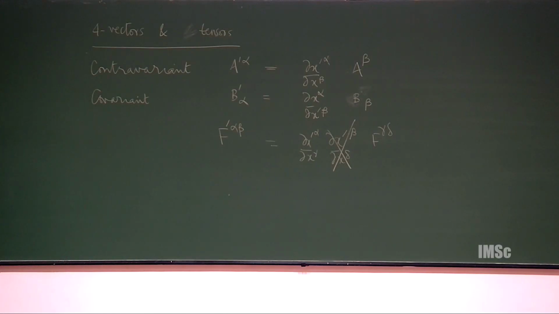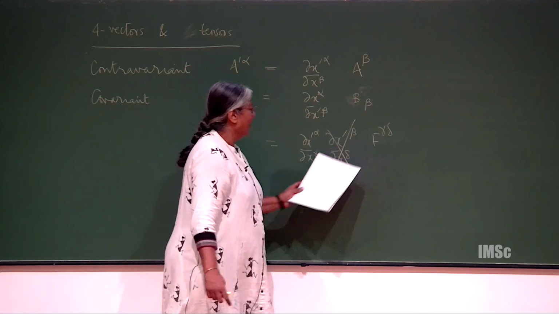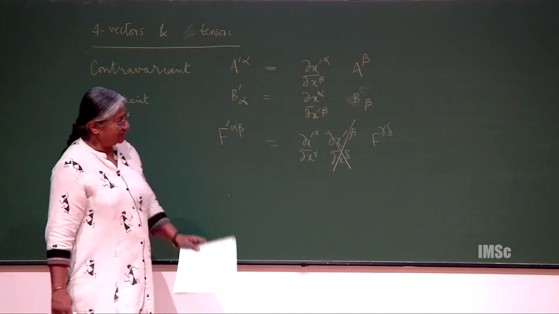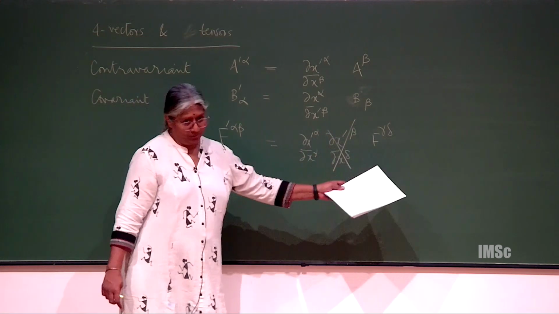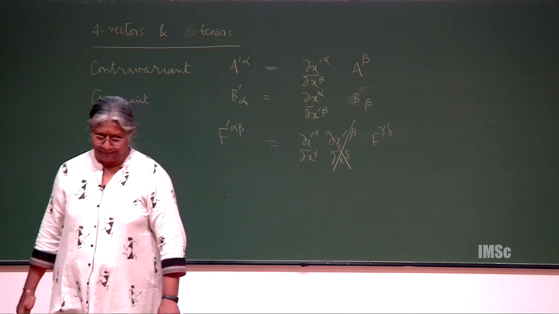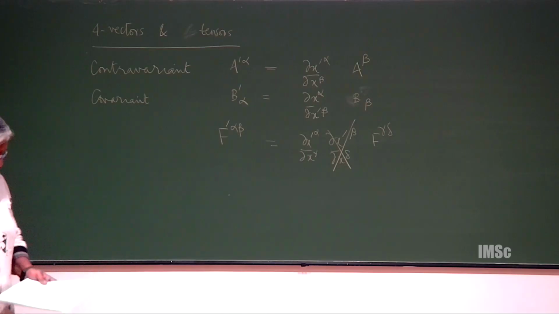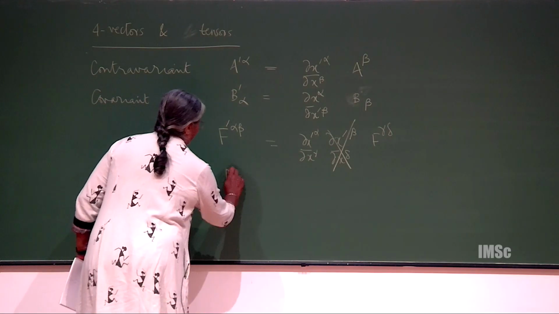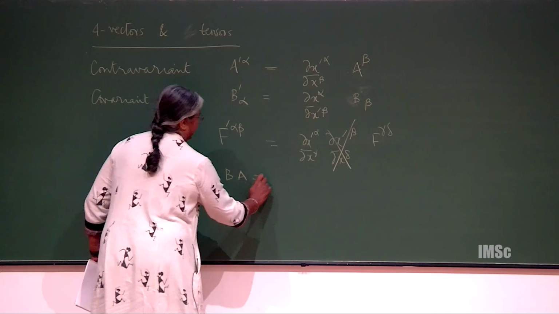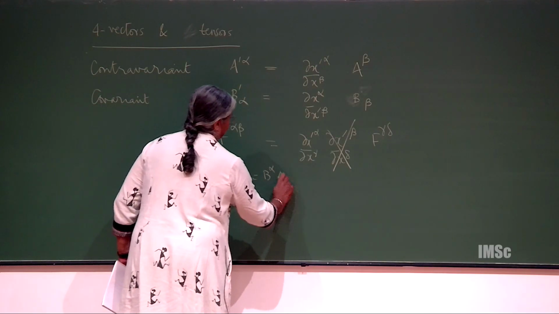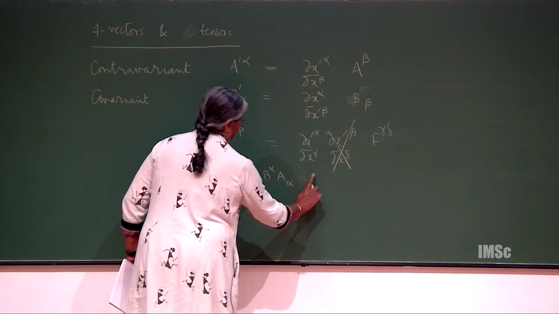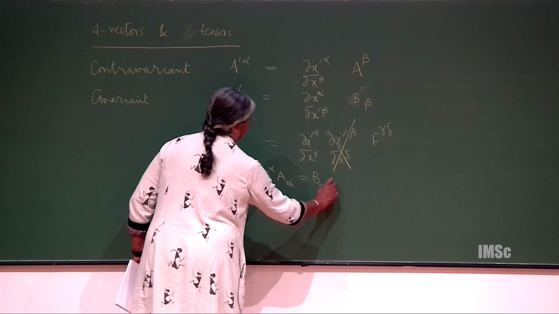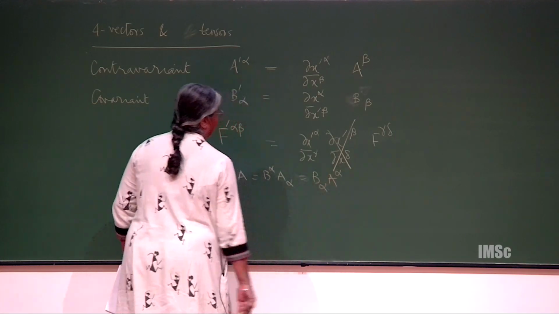That's your choice, you can do whatever you want, but this will not be the same F variable, because if prime and unprime refer to a Lorentz transformation, then of course this is incomplete. But as tensors, you can always define contravariant and covariant vectors like that. And then I defined B dot A as either B alpha A alpha, or lower alpha A upper alpha.